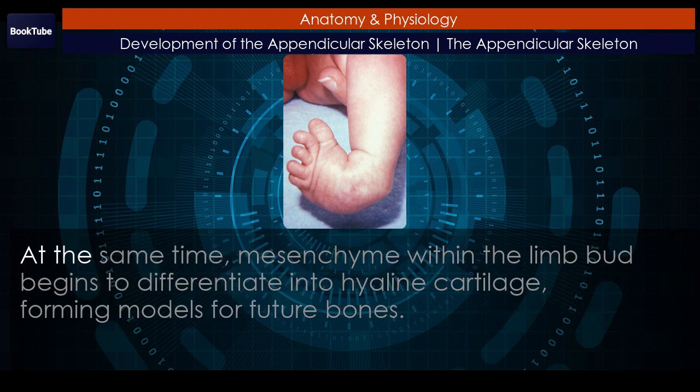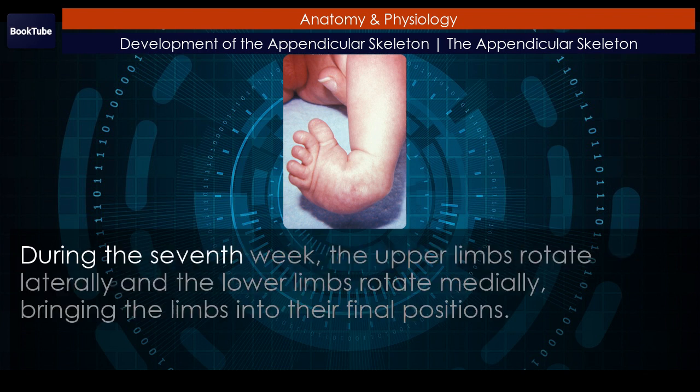At the same time, mesenchyme within the limb bud begins to differentiate into hyaline cartilage, forming models for future bones. During the 7th week, the upper limbs rotate laterally and the lower limbs rotate medially, bringing the limbs into their final positions.